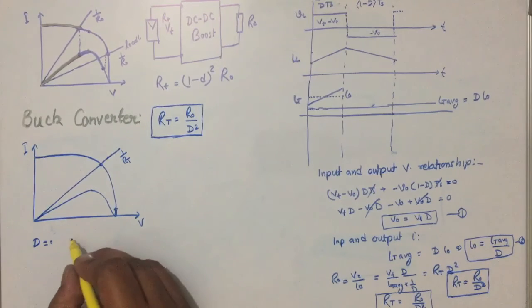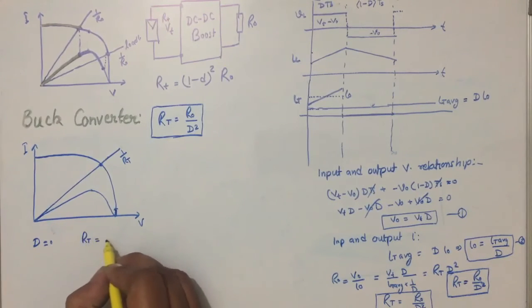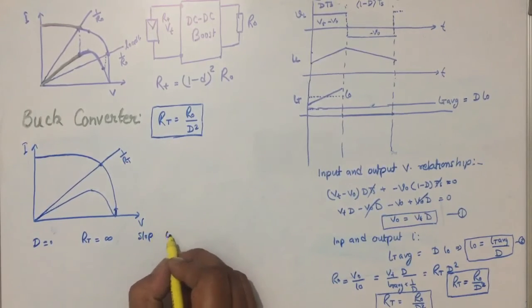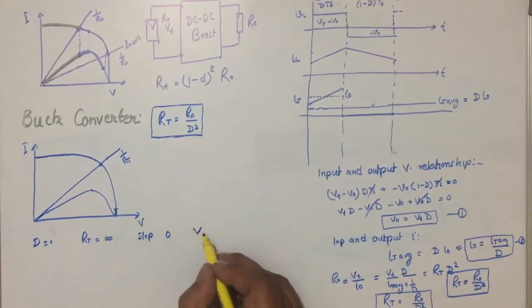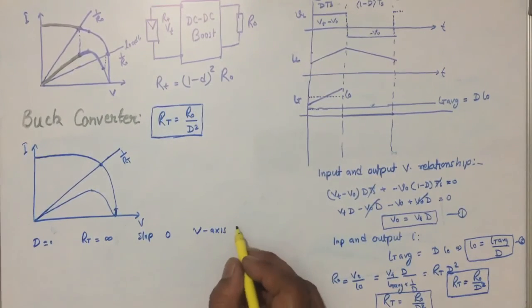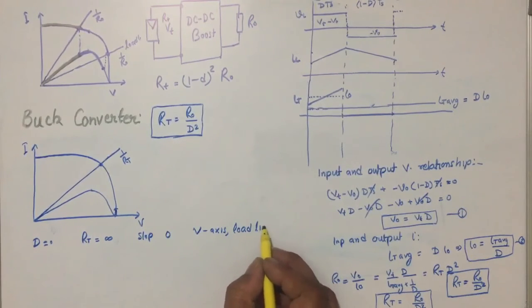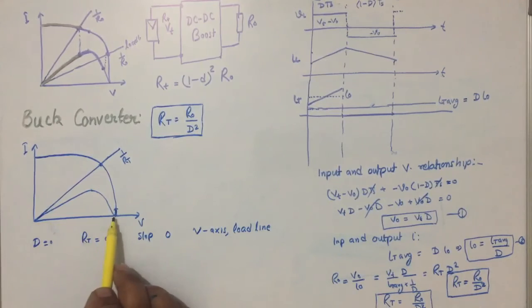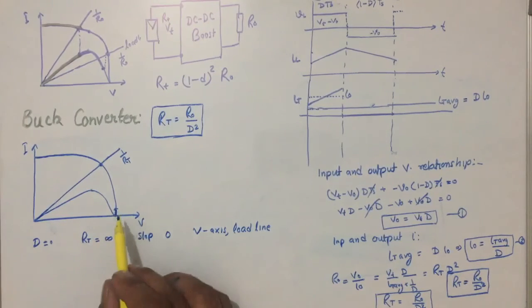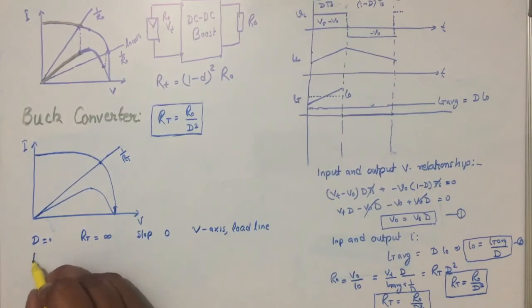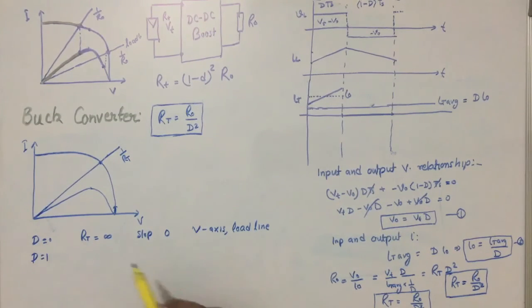If d is equal to 0, then RT will be infinite and the slope will be 0, and the V axis will be the load line. So the control point will come here, point of operation will come here, and if d is equal to 1, that is the maximum value of d, then RT is equal to R naught.